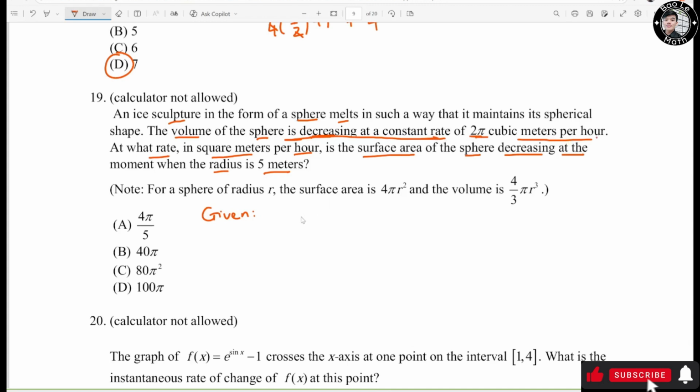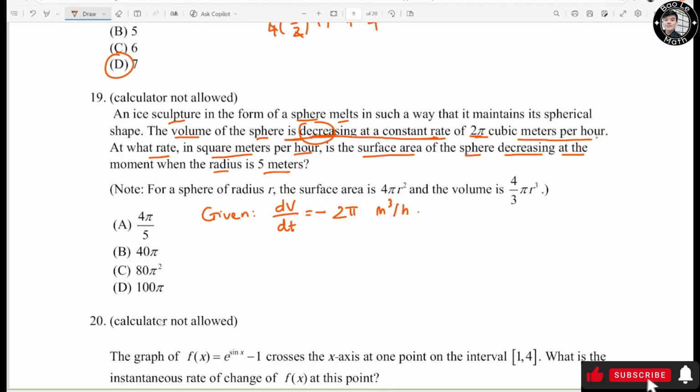So this is the rate of change of the volume: dV/dt equals, decreasing, which means negative 2 pi cubic meters per hour.